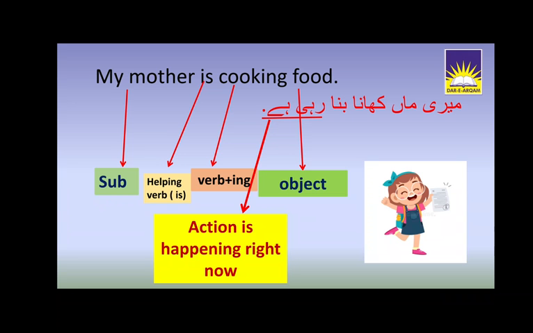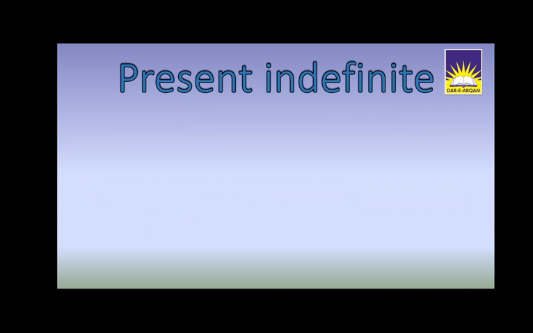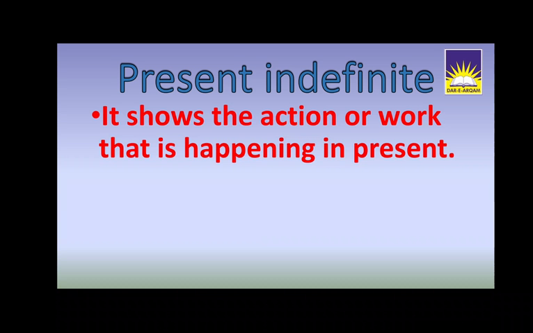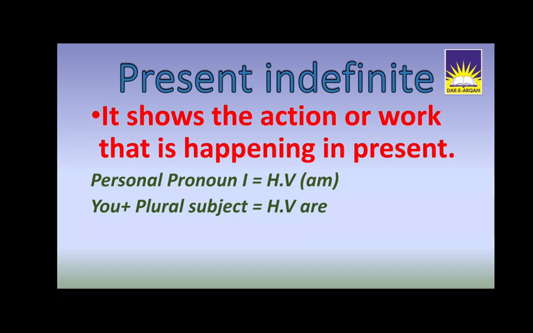So what will be its definition? Present continuous shows the action or work that is happening in present. So here are 3 rules for the helping verbs. If your subject is personal pronoun I, then you will put helping verb am. If your subject is plural or you, then you will put helping verb are.